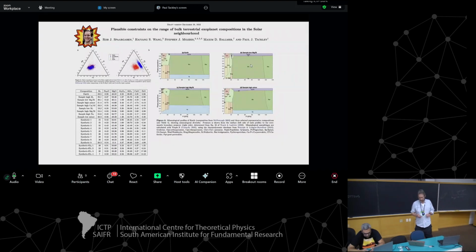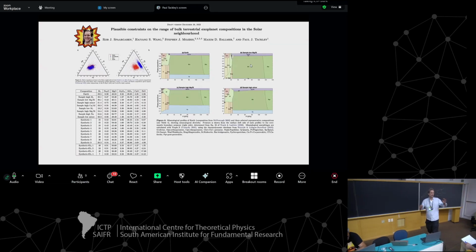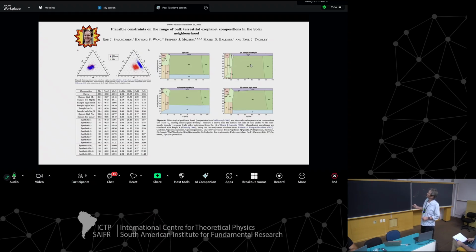And another thing is that exoplanets can have different compositions to Earth. So there's a tendency to just scale Earth up. But, so Rob Spaargaren, who was a student in my group, working mainly with Maxime Bolmer, quantified this.